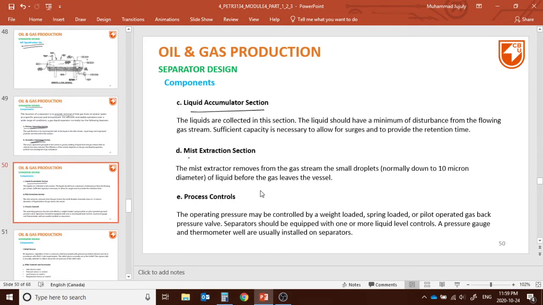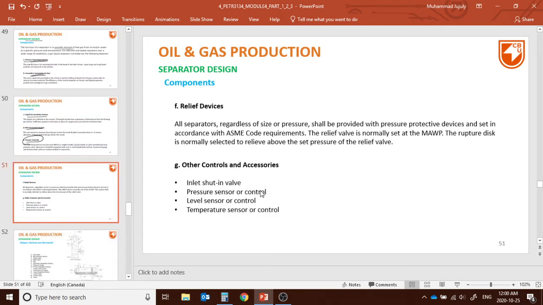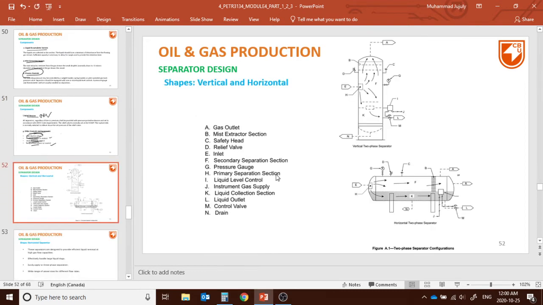We have the mist extraction section, and definitely process and instrumentation control, the relief valve or PRV, and other controls. And the sensors: we'll have a level sensor, a pressure sensor, a temperature sensor, and an inlet shut-in valve. So these are the controls and accessories we have.